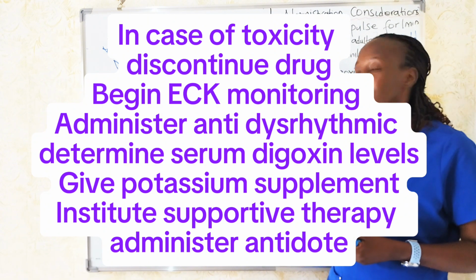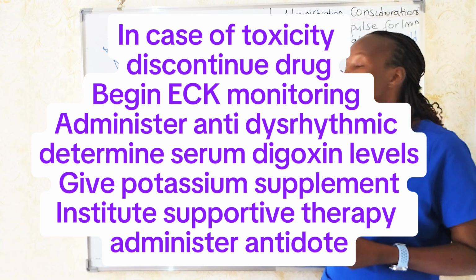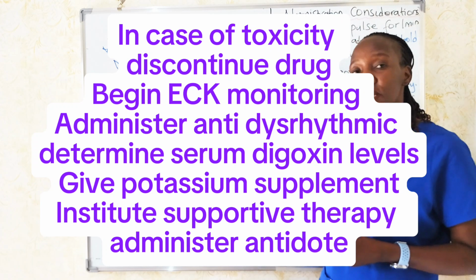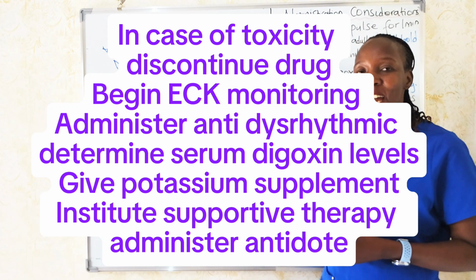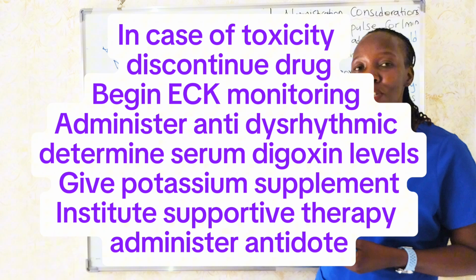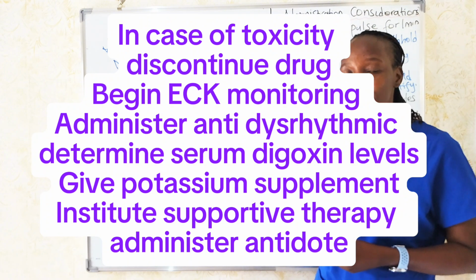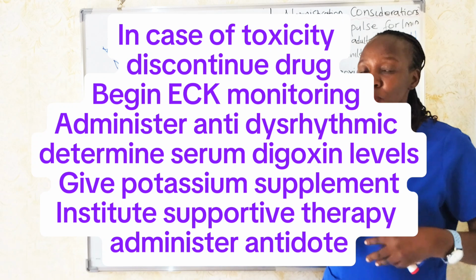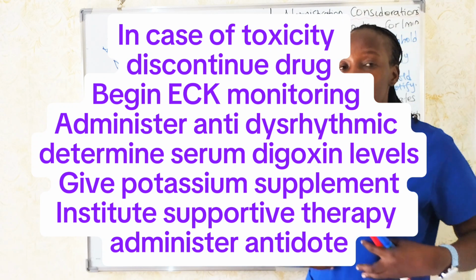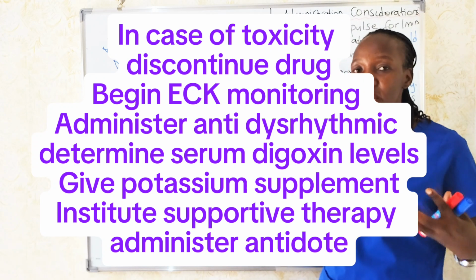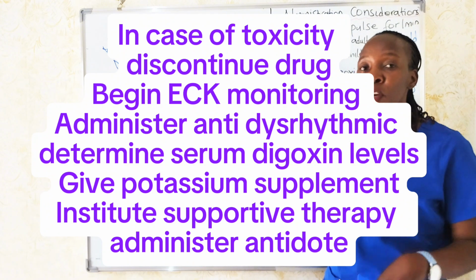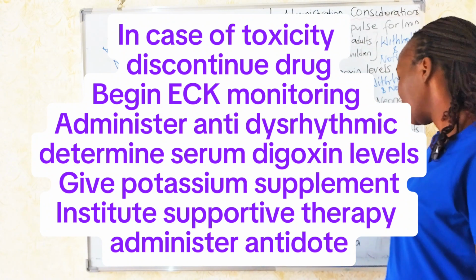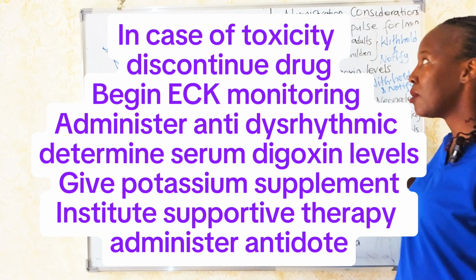Then another thing that you're going to do is to provide potassium supplementation for these clients, and then you're going to monitor the digoxin levels, and then also offer supportive care, especially supportive care of the GIT, you know, the nausea, the vomiting, and the diarrhea. Lastly is when we give the digoxin immune fab.